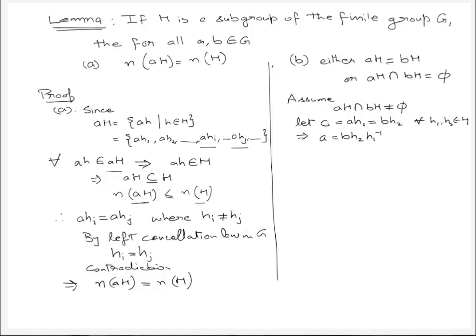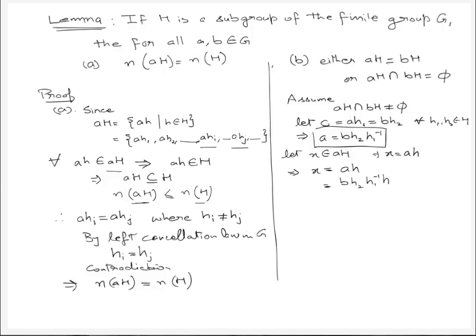Now assume that x is any element of aH. So x will be of the type ah. So this means x equals ah, where the value of a is b h2 h1 inverse, times h.